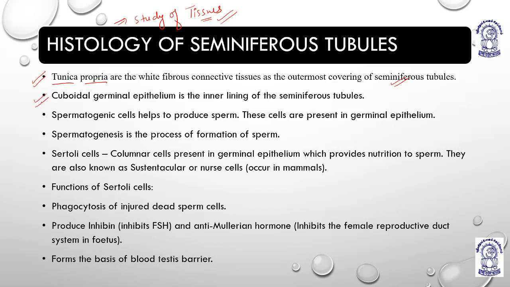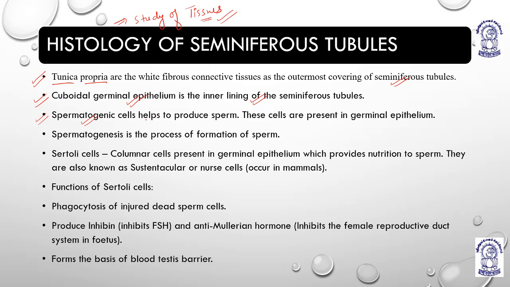The inner lining of seminiferous tubules is made up of cuboidal germinal epithelium. The cells are cuboidal in shape and it is a germinal epithelium. Third, the cells known as sperm mother cells or spermatogonia are also known as spermatogenic cells, as these cells form the sperm producing cells.